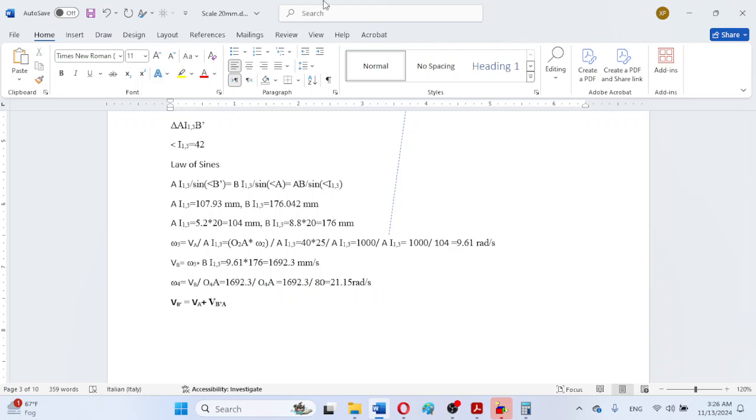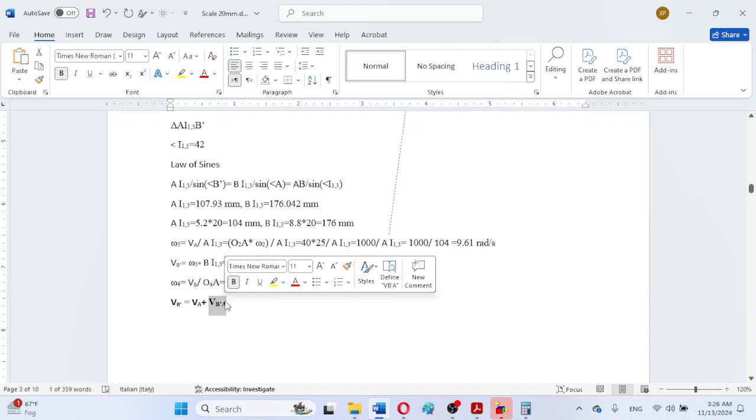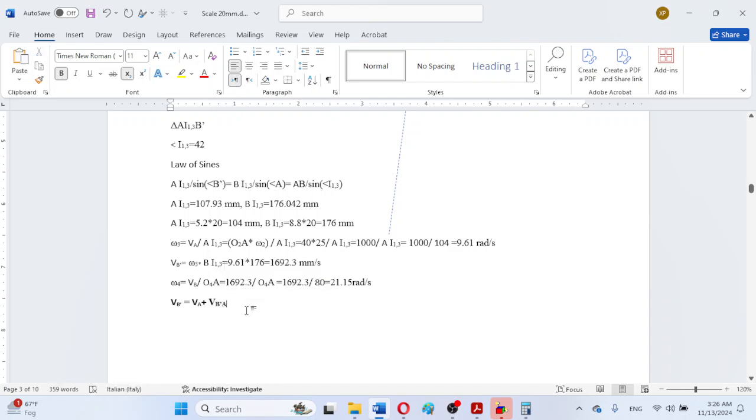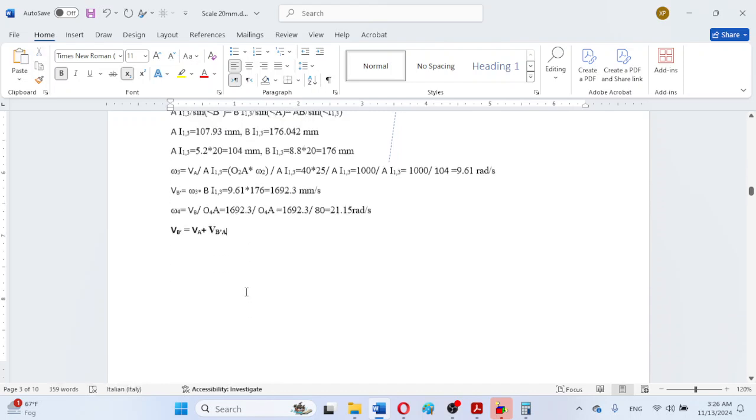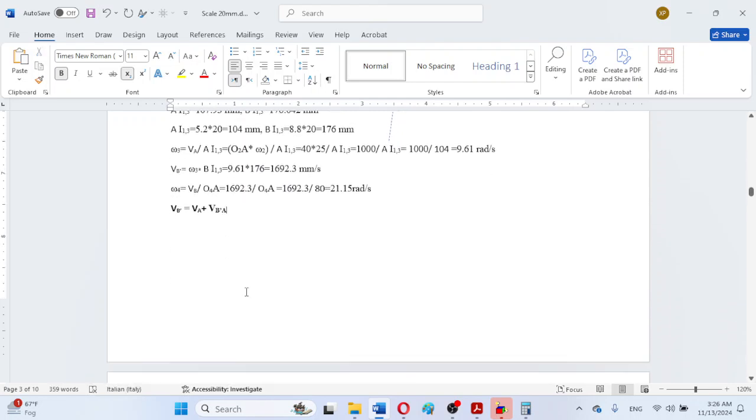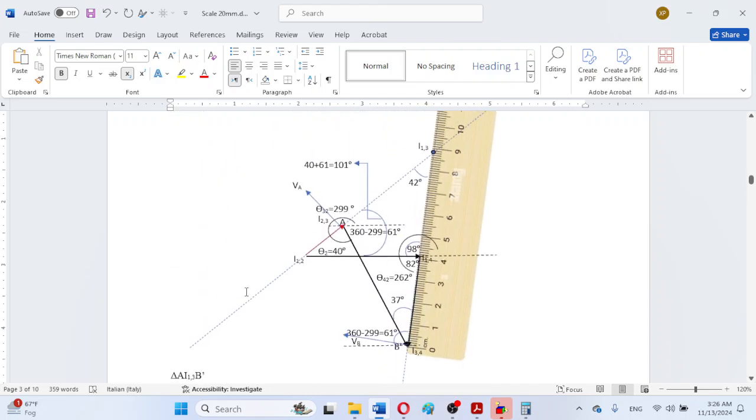As we can observe, VA and VB dash have been calculated, so VB dash A can be simply calculated using the velocity vector triangle. We can create the velocity triangle according to scale.